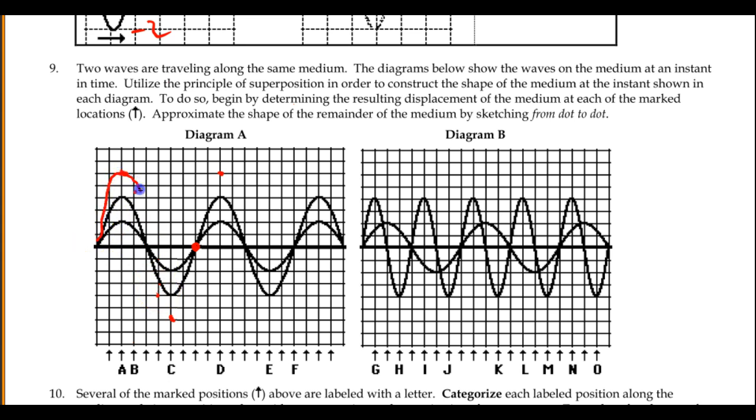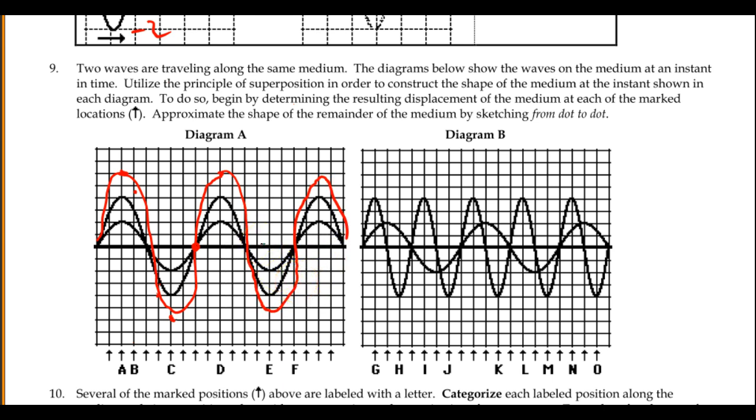So far this wave is looking something like this, the combined wave of the two. If we continue on, we just get the same repetition of an interfered wave that has an amplitude of about 6 as opposed to an amplitude of 4.